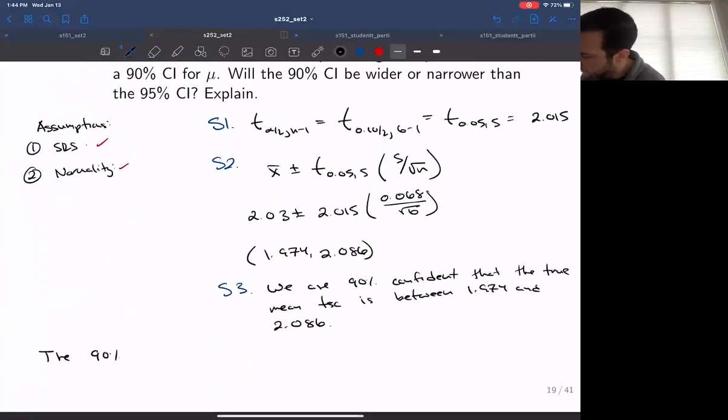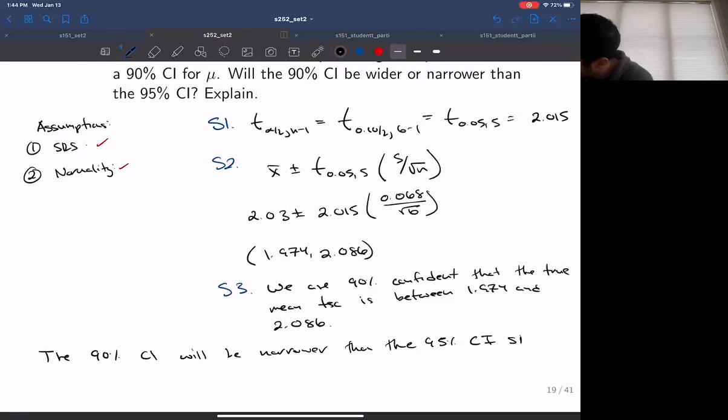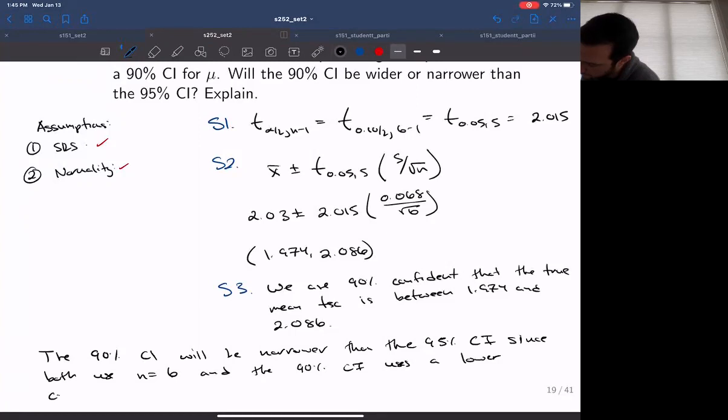the 90% CI will be narrower than the 95% CI, since both use little n equal to 6, and the 90% CI uses a lower confidence level.